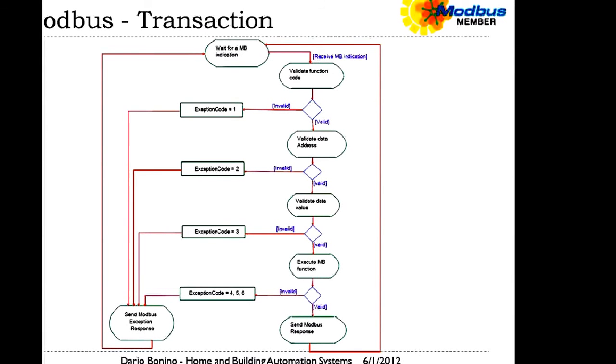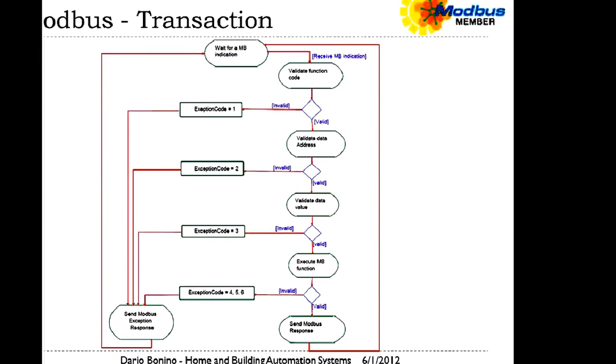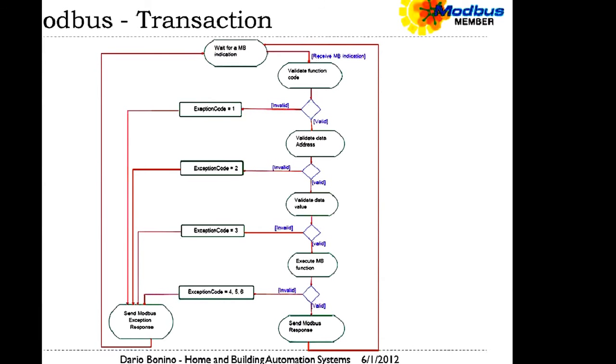So when a device receives a command, first it checks the function code. If it's wrong, it sends the exception function code number 1. After it validates the register address. Okay, so the register actually exists, yes or no? No, another exception code, otherwise go further. Then validate the kind of data.